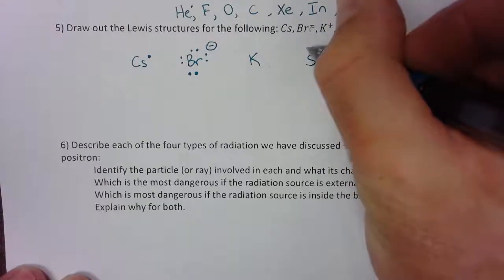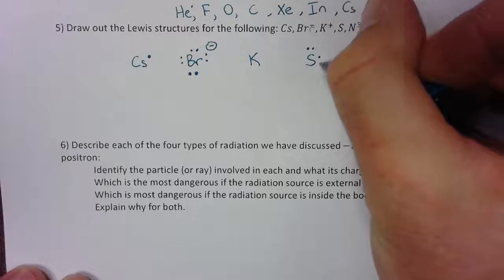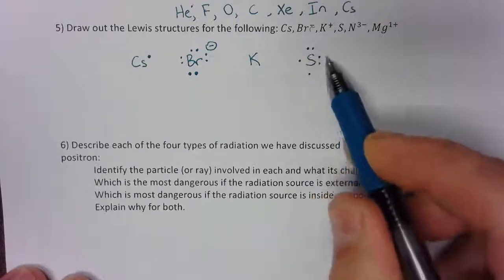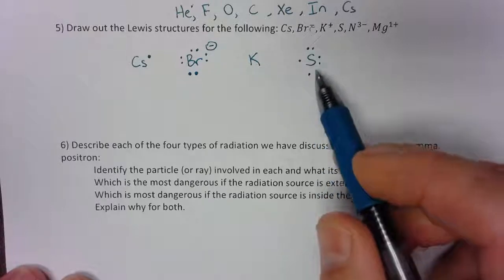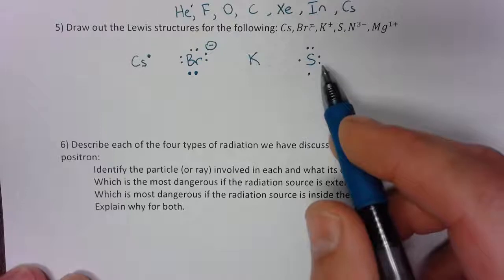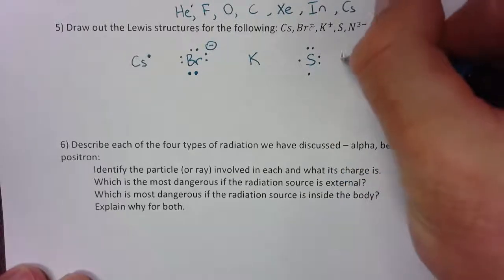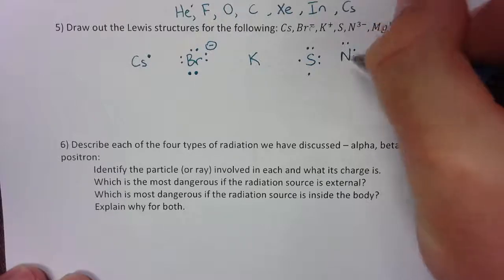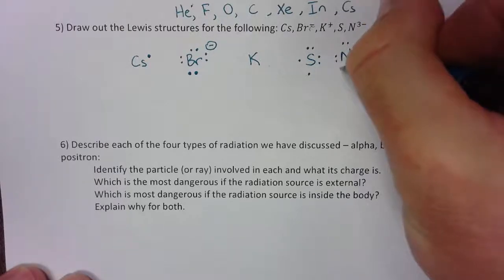S is in group 6A, so it has 6. It's in the same group as oxygen. So we will have 6 valence electrons. Nitride has 8.